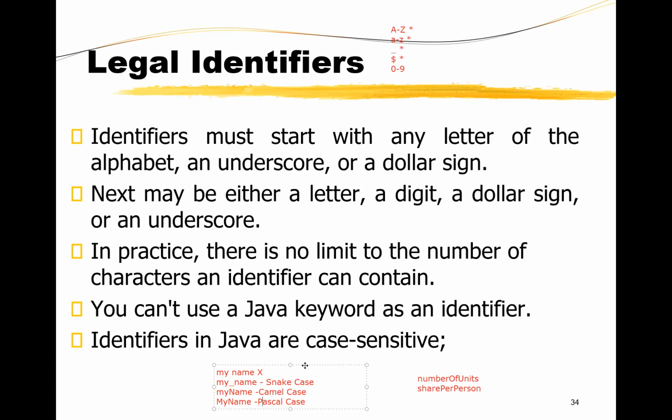Therefore, remember, these are the naming conventions. If you want to have multiple words joined together when you are declaring variables, you have to use either snake case, camel case, or the Pascal case. Normally, when it comes to variables, we don't use the Pascal case. Either we use the snake case or the camel case. It doesn't matter which you use. Okay. Is this clear?